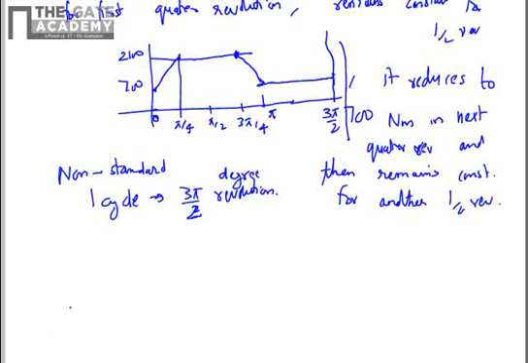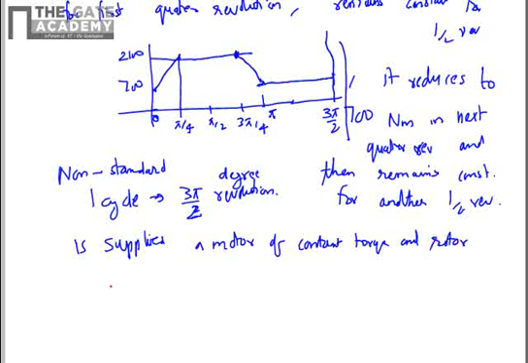Now the other parameters given in the problem: this shaft is supplied by a motor of constant torque, and the rotor has a weight of 4500 Newton and radius of gyration of 0.3 meter.